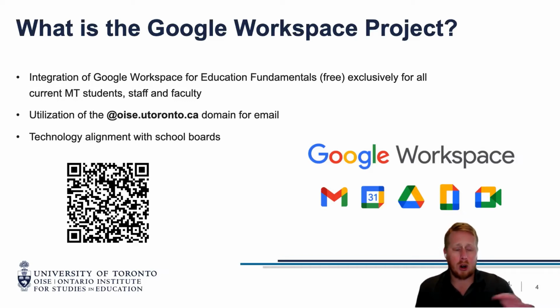Now, normally we have all of the students already added into our Google Workspace instance with SSO, so you can sign in with your UTOR ID. We're running a little bit late on that, so hopefully by the end of the week we'll have SSO enabled, so you can just log in with your regular email address.